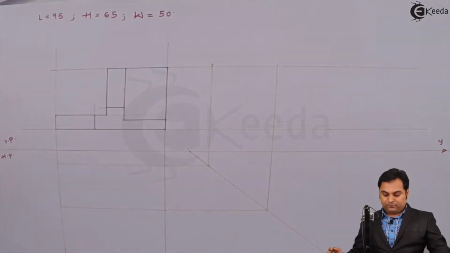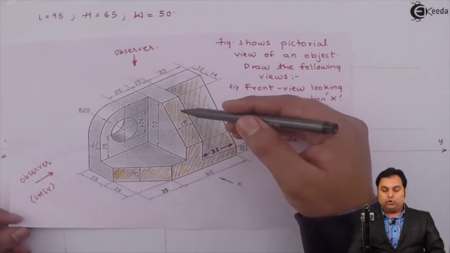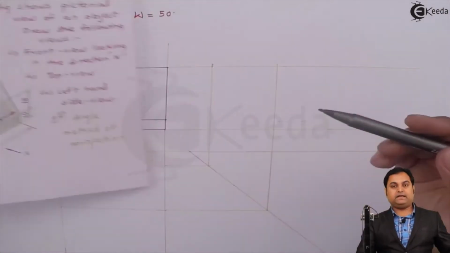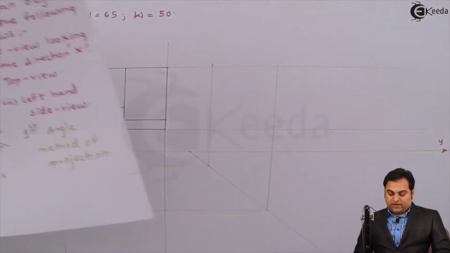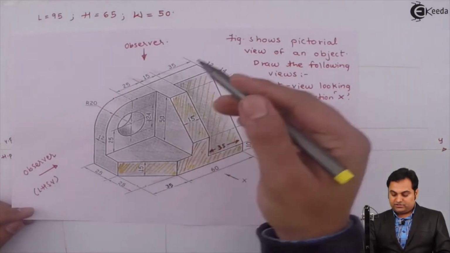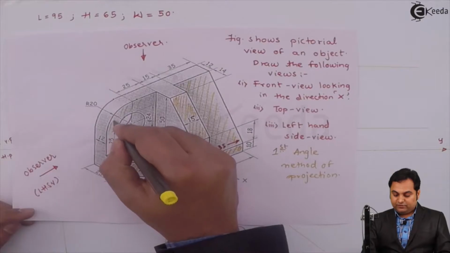Then as this inclined rectangle and this slope here, both are on different planes, so in between them there is a dark line. After that, here there is another portion which is this surface, which can also be visible or seen from the front view.